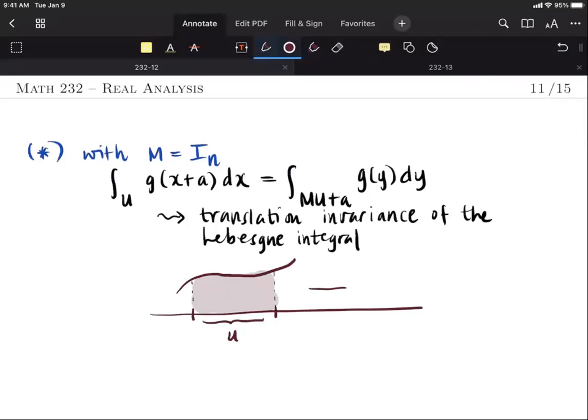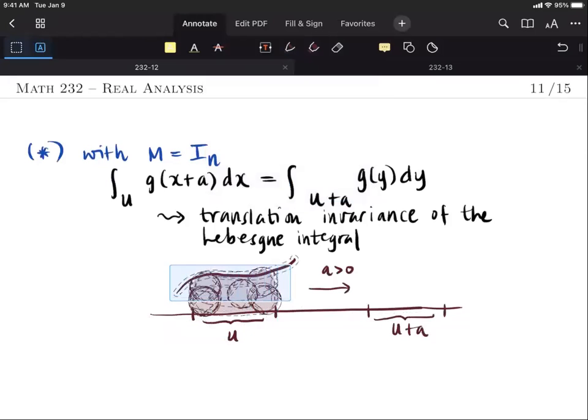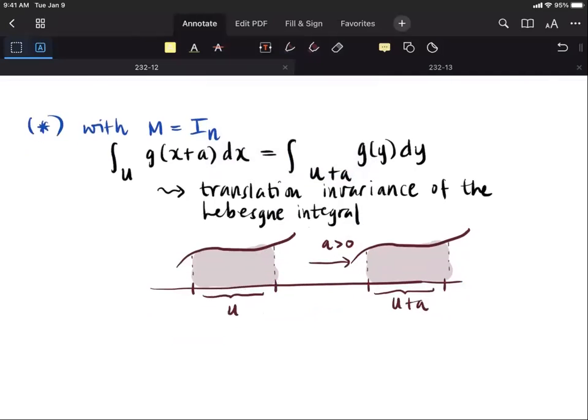So translating with the vector A, this is now U plus A, assuming that A is positive, since M is the identity matrix in this case. If we move this, we should get the same integral. So that's translation invariance.